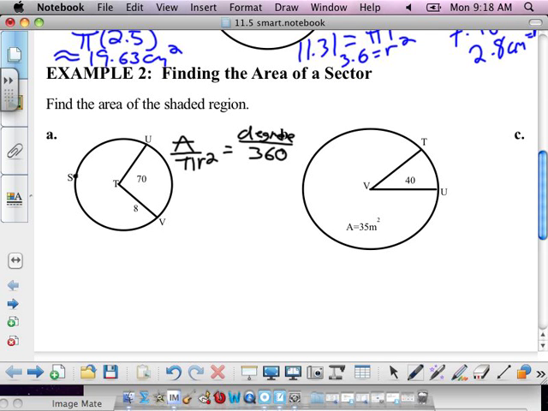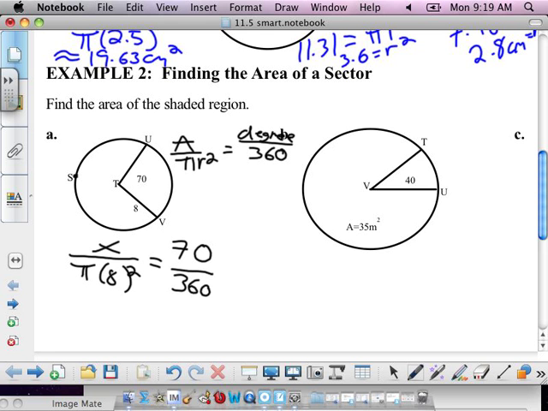Is everybody okay so far? Do we know what the area of the sector is? No, so we put x over pi 8 squared equals the degree, which is 70, over 360.